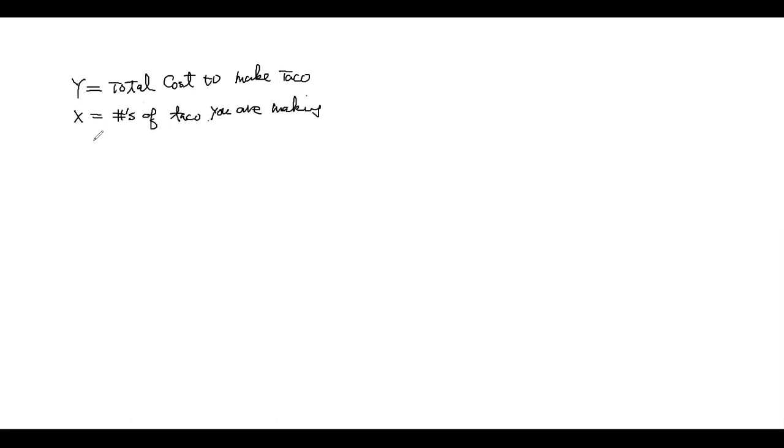Okay, so now if I say y equals 0.75x plus 150, what does that mean? The 150 here is what we call the y-intercept. That means it's the initial value, even if you don't produce any taco.